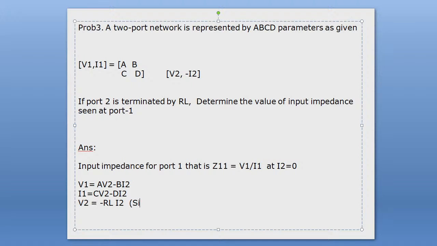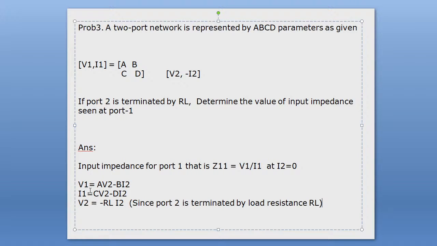Since port 2 is terminated by load resistance RL, the voltage drop across RL is I2 times RL, and you know that I2 is going outside from the network, so we can write minus RL I2.